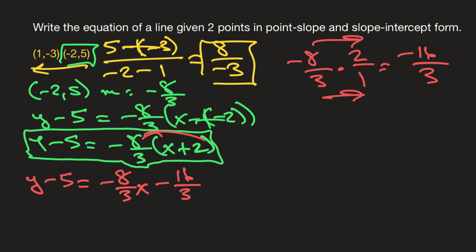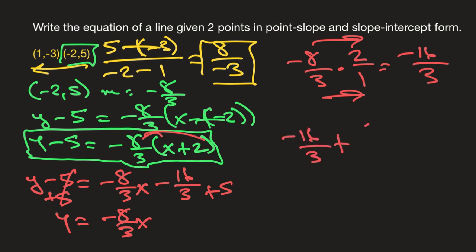Okay? And then last step, we need to add 5. Y equals -8/3 X. Now, -16/3 plus, again, 5 over 1. I'm going to use my little cross multiplication trick here.